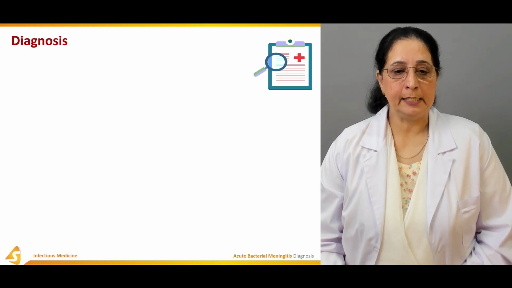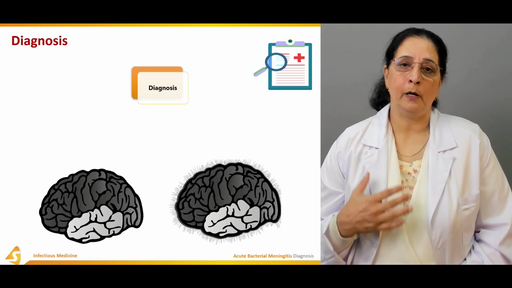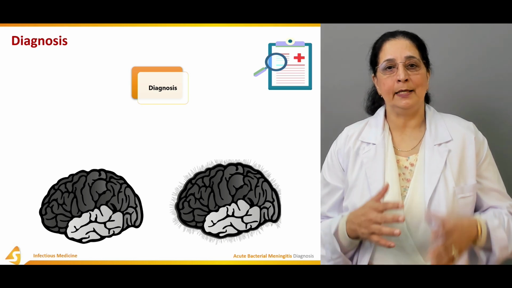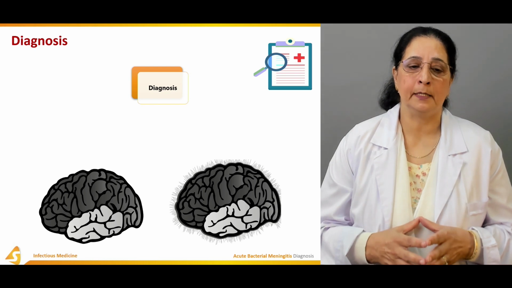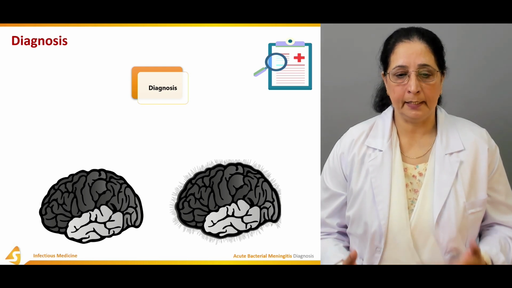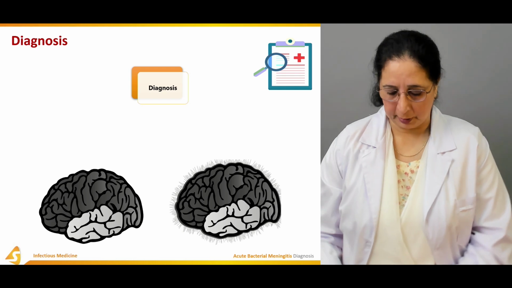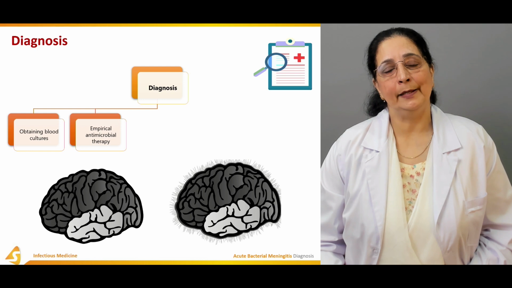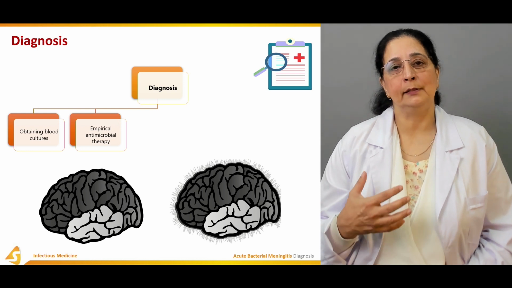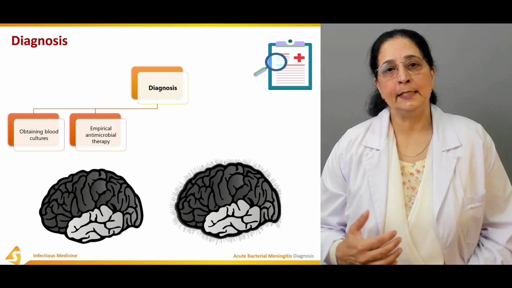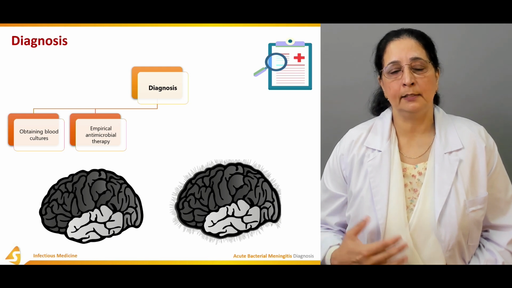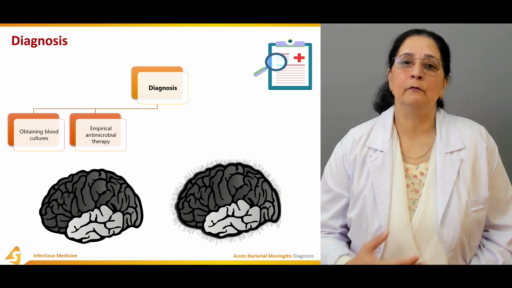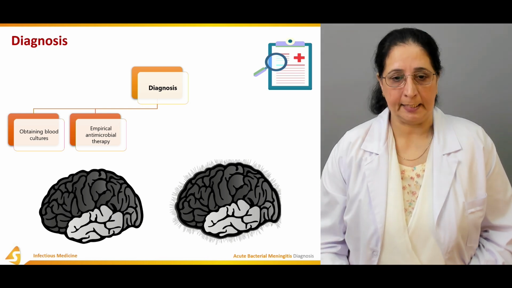So first, the diagnosis: obtaining a blood culture is very important to find out the exact causative organism that is causing the infection. So blood culture, then we have the empirical antimicrobial therapy. Before getting any culture results, we start therapy depending on the common causative organisms of meningitis.